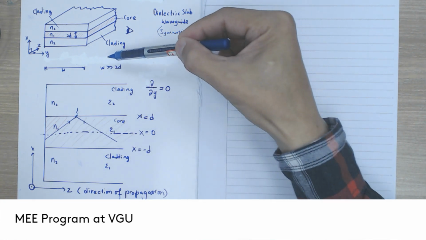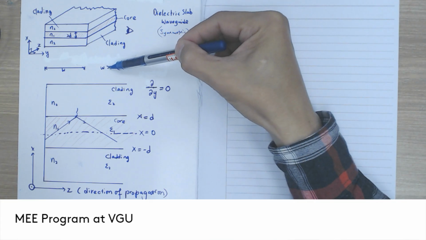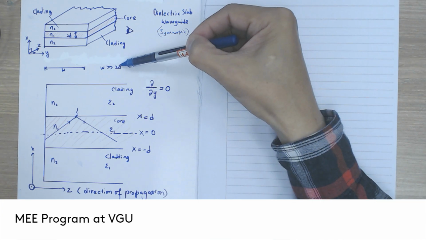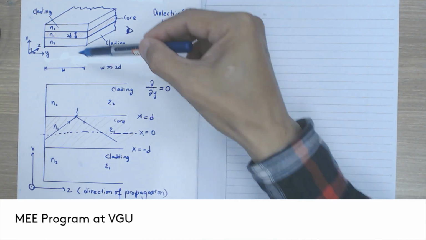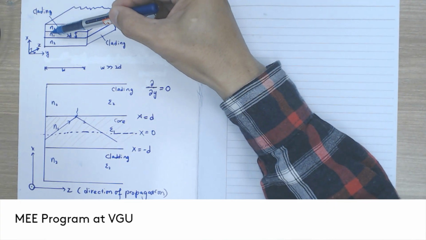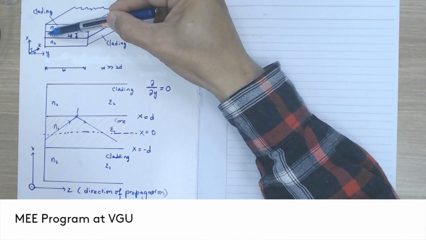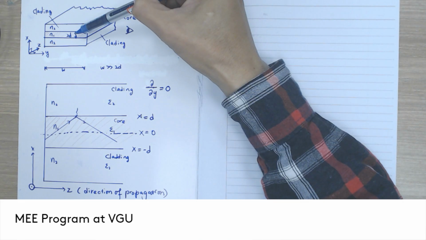Because of the assumption that the width is much greater than twice the value of D, we can readily assume that there will be no field variations along the y-axis. The field distribution at this point here will be the same as the field distribution at this point here.